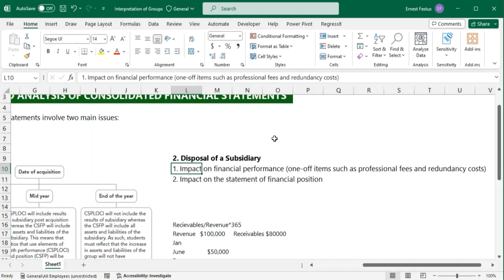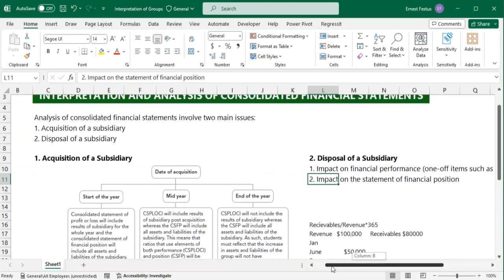and doing your interpretation. In addition to the one-off items such as the professional fees and redundancy costs affecting the consolidated financial statements, you must note that the assets and liabilities of the subsidiary that has been disposed of before the year end will not be included in the consolidated statement of financial position at the reporting date, because the subsidiary has been disposed of, and so at the time we were preparing the statement of financial position, the subsidiary is no longer in existence, and so its assets and liabilities will disappear from our books.